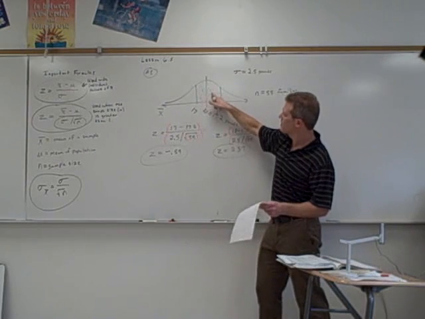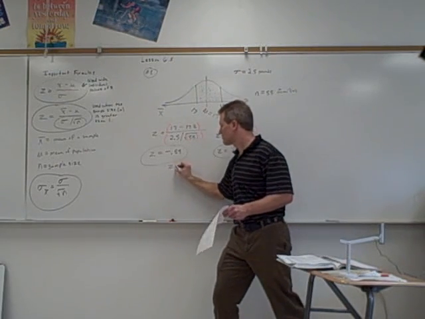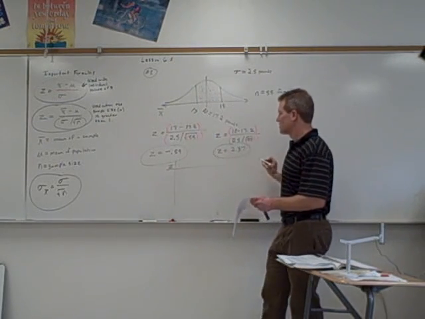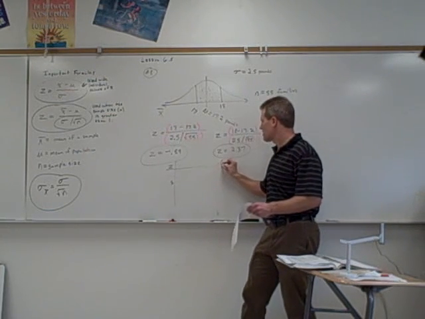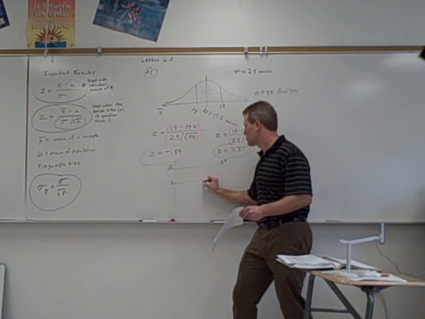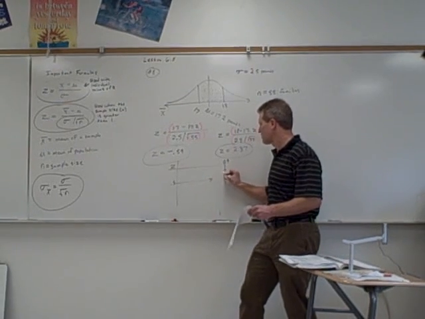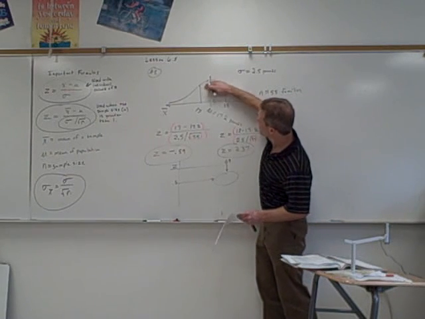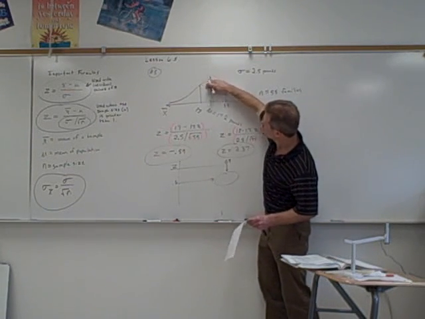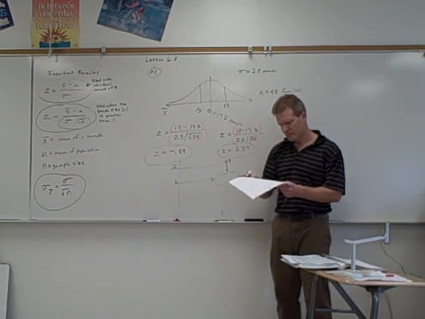Now to get these two areas, we'll go to our z-chart. Get your z-chart out. You go to 0.5 down the left side, 0.09 along the top. You look over, you look down, and whatever this number is will give us the area to the left of the mean. 0.2224.